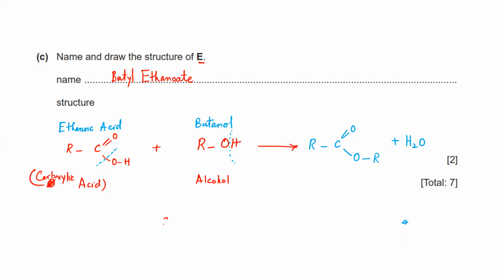From the ethanoic acid, CH3COO, then we have O, then the butanol part. So C comes here, 1, 2, 3, 4. So this is how the structure of this will look.